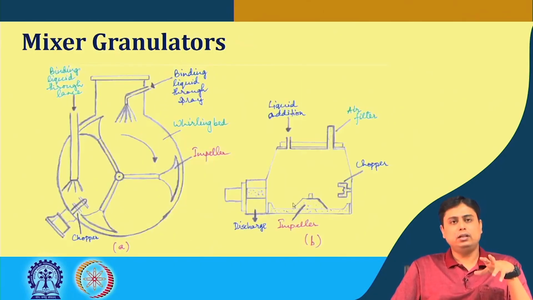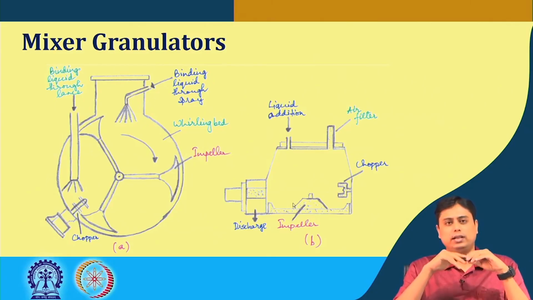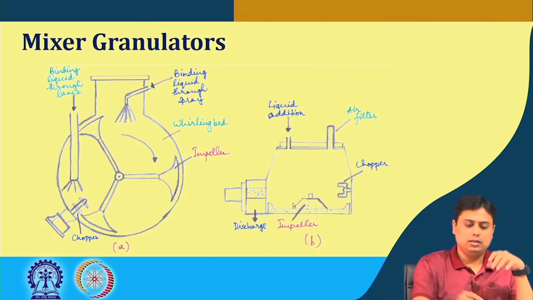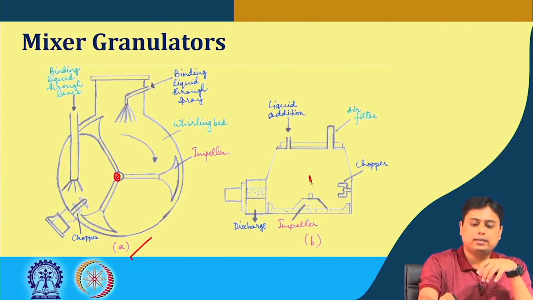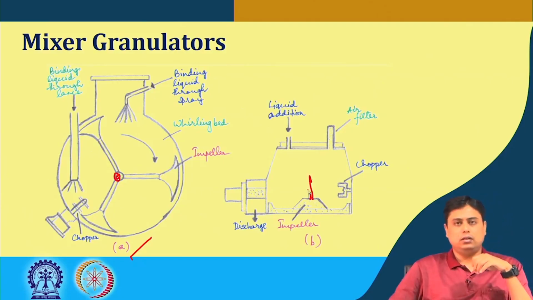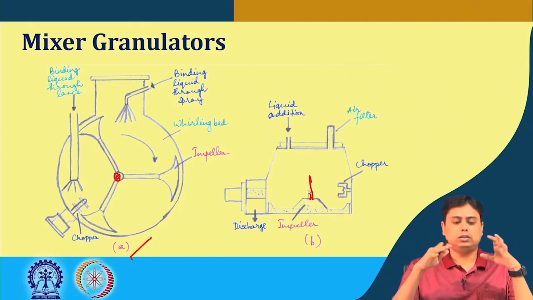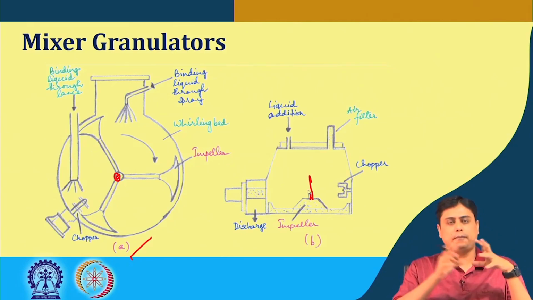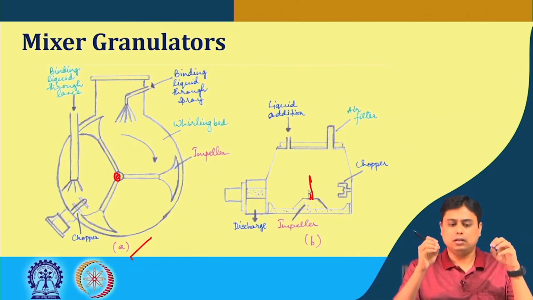The mixer granulator can be of two types: this is the horizontal axis and this is the vertical axis. Here the impellers are there, and it works on the concept of mixing and chopping. The binders, liquids and solid particles are fed in.